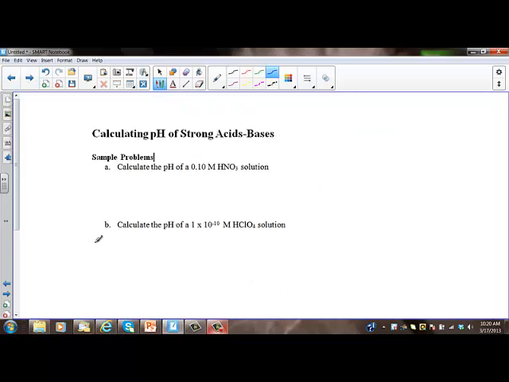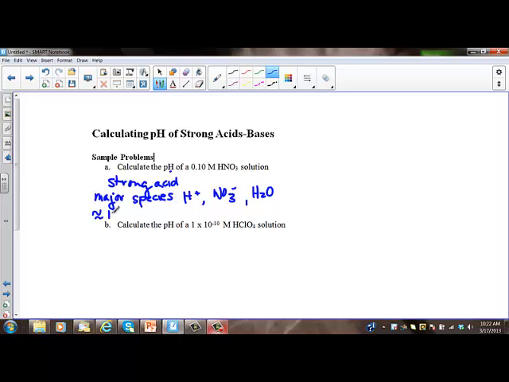So calculating the pH of strong acids or bases. What you know about a nitric acid solution is that it is a strong acid. You know that the major species are H plus, NO3 minus, and H2O.